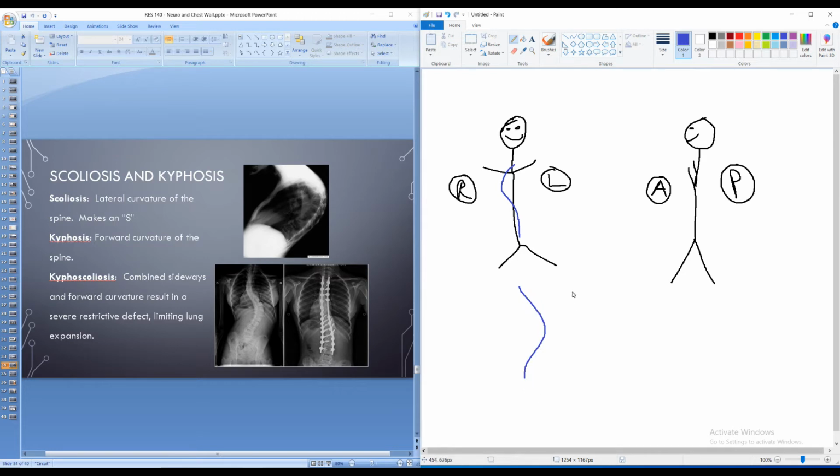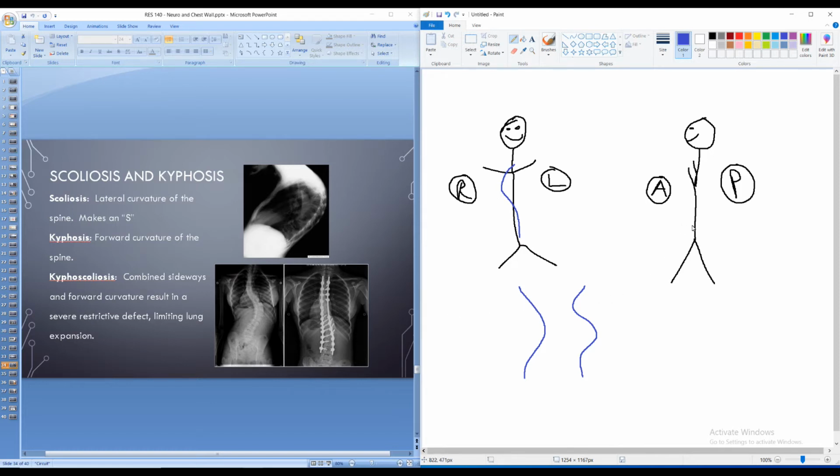Or maybe it does a little S shape. Something like that. It's side-to-side curvature of the spine that shouldn't be there. So that's like this patient right here that we see in the bottom picture. The spine is just meandering back and forth, and then you can see after some extensive surgeries and lots of hardware, they've managed to straighten that spine out pretty well. But that's scoliosis in a nutshell.